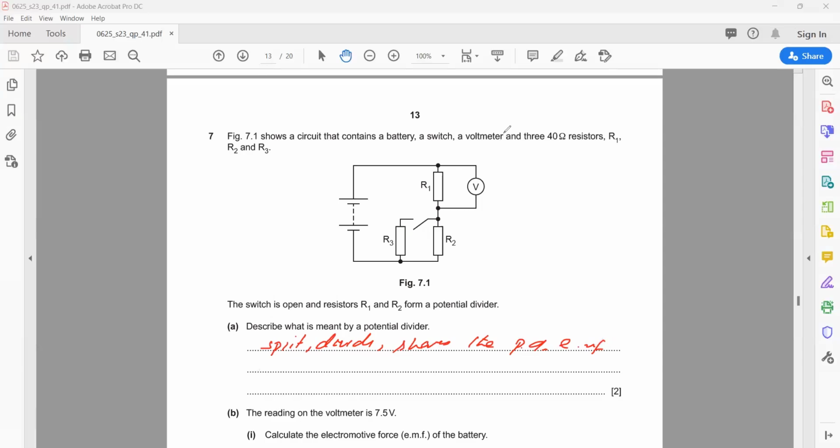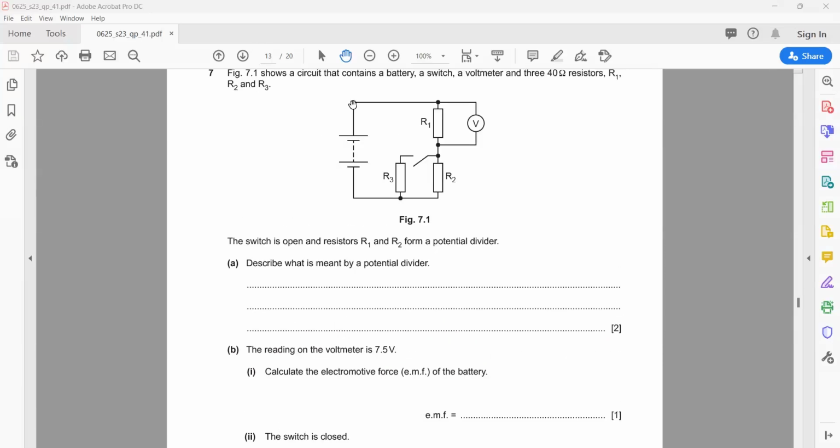After that, now the reading on the voltmeter is 7.5. If the reading here is 7.5 volt, got it? So what will be the total EMF of the battery?